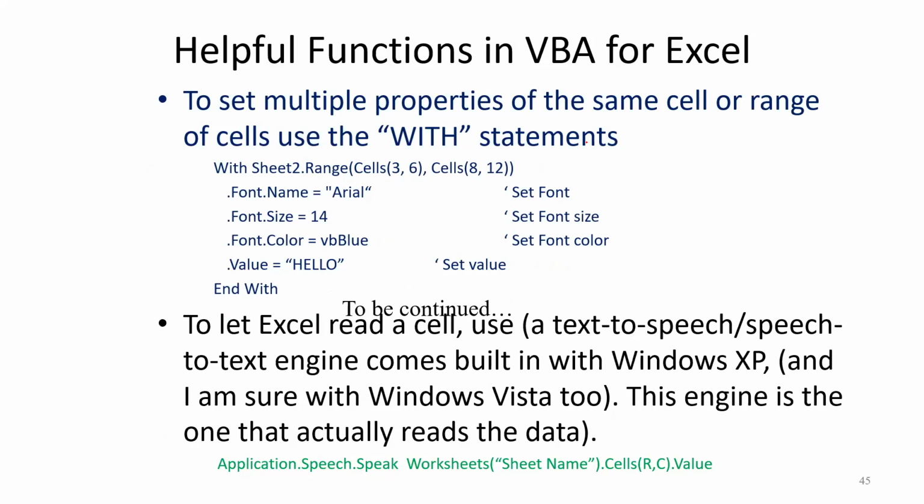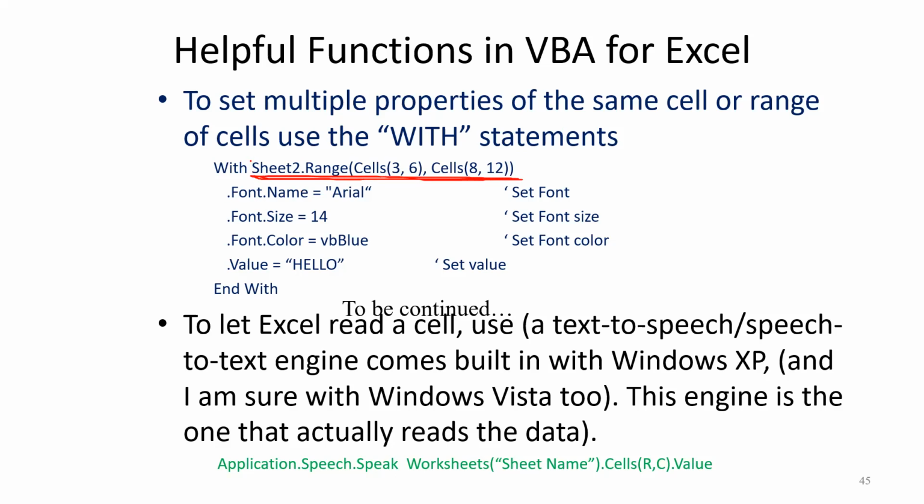The With statement is very useful. We don't need to write a range again and again. Instead, we can write it once and reuse the same range again and again. For example, when we write this statement, this is the With statement with a dot.